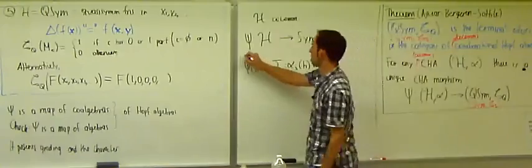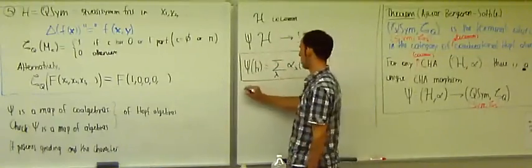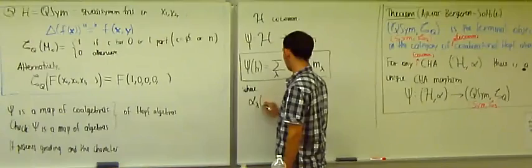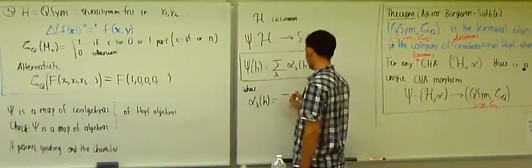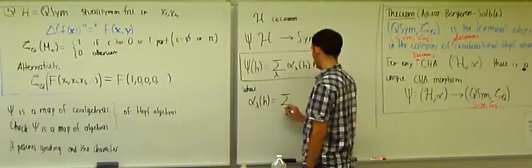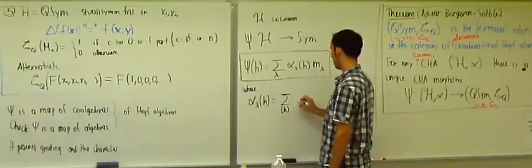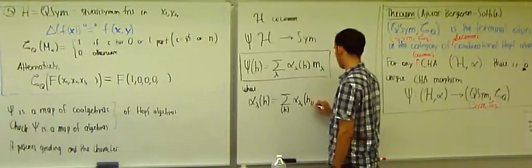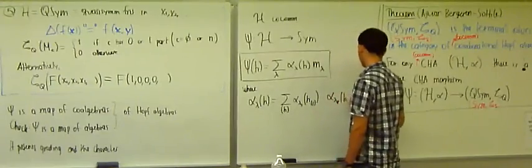Okay, so this is the quasisymmetric function where alpha lambda of H is equal to the sum over the coproduct of H of alpha lambda 1 of H1 up to alpha lambda k of Hk.